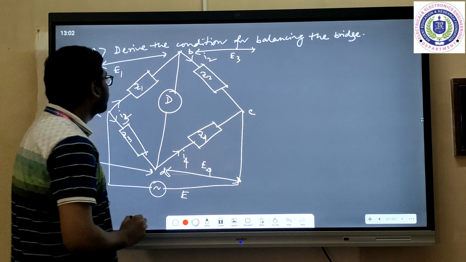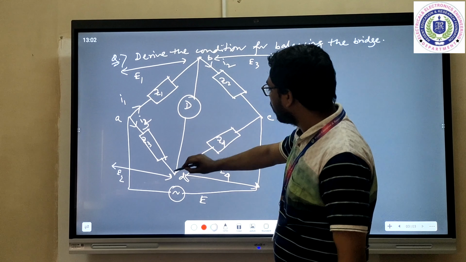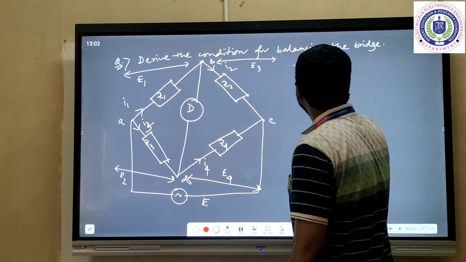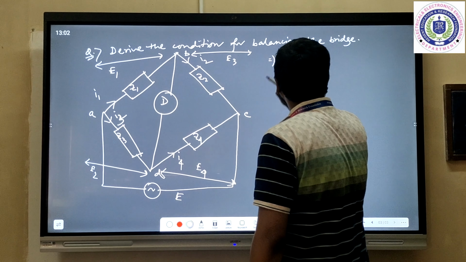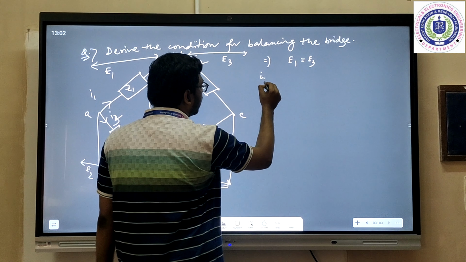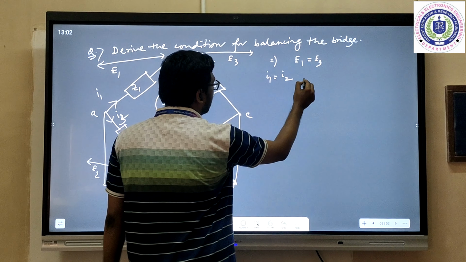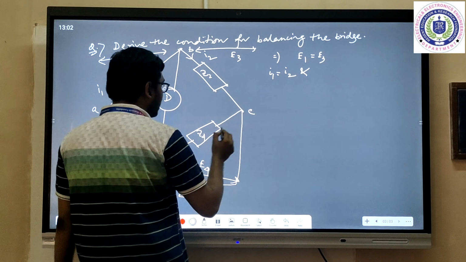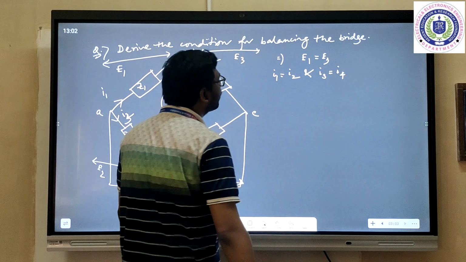Okay. Now, for balancing, the potential across the point B and point D should be equal. So E1 should be equal to E3, and as well as I1 is equal to I2, and I3 is equal to I4.